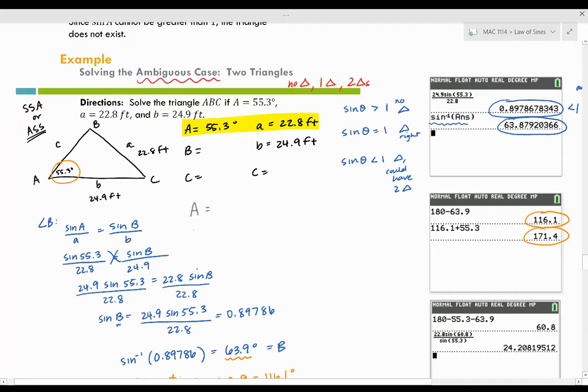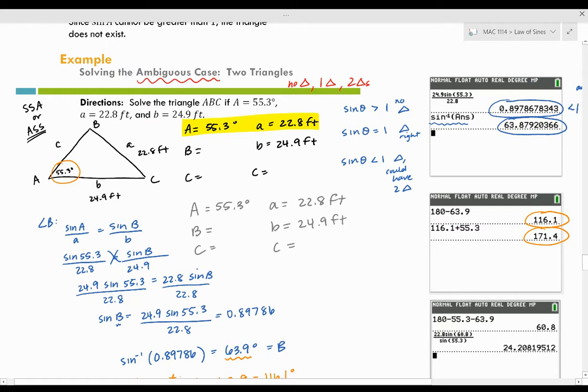So A, B, C, little a, little b, little c. All of the original information that they gave me, I'm going to copy and paste into the second chart. They originally gave me A, little a, and little b.